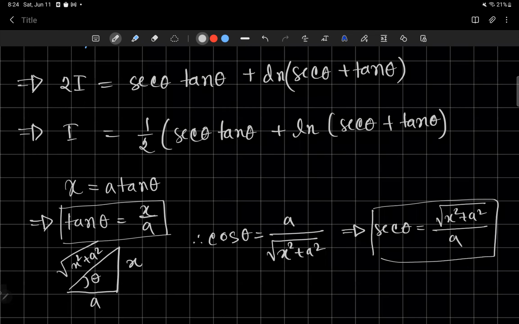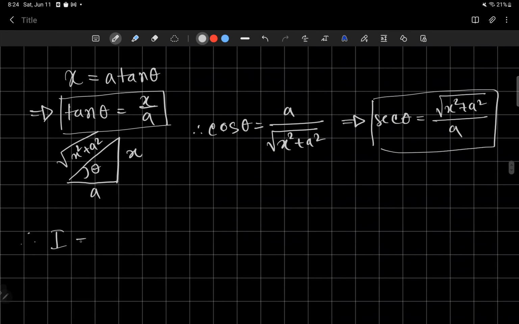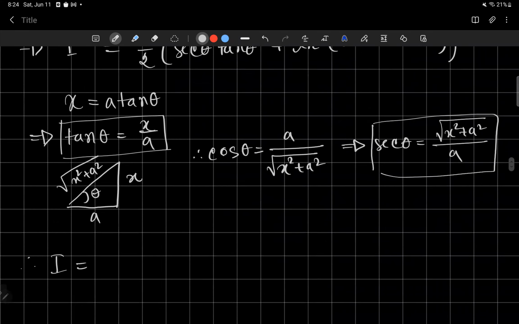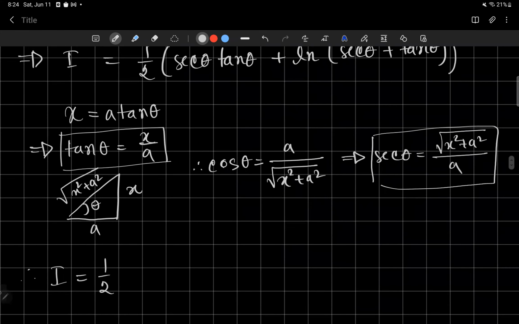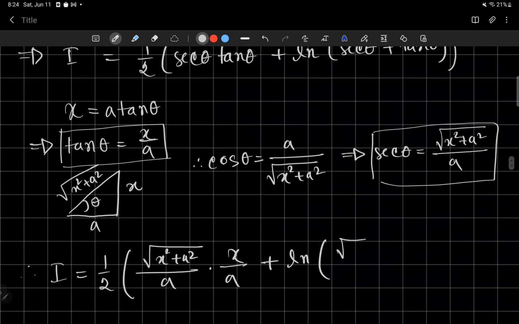We can put them back into this result and get everything in terms of x. If I do that, the result I will have the following format: x squared plus a squared divided by a times tan theta, so that's just x by a, plus ln of, tan was what? x by a.